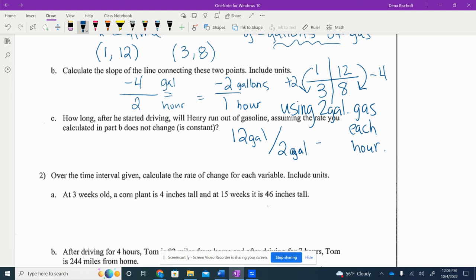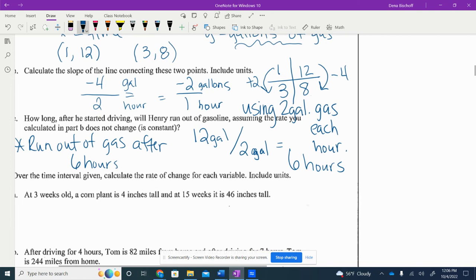And that means I'm going to have no more gas after 6 hours. I think that's a great way to think about that. So I run out of gas after 6 hours.